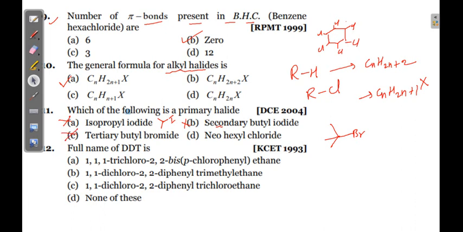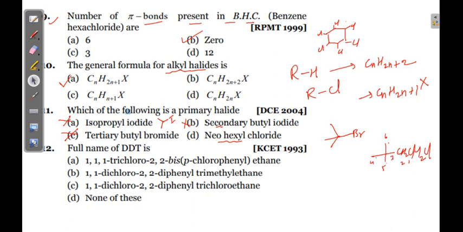Next, neohexyl chloride. Neo means plus shape. CH2Cl, 1, 2, 3, 4, 5. That is neopentyl, not neohexyl. Hexyl means one more CH2, then CH2Cl, now 1, 2, 3, 4, 5, 6.